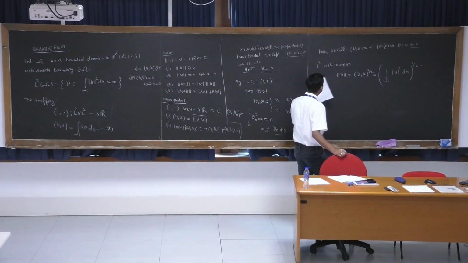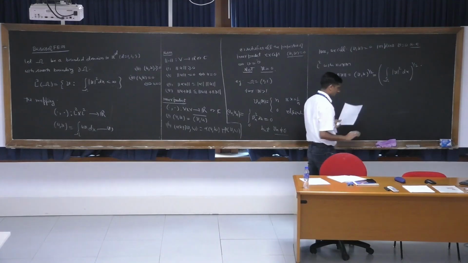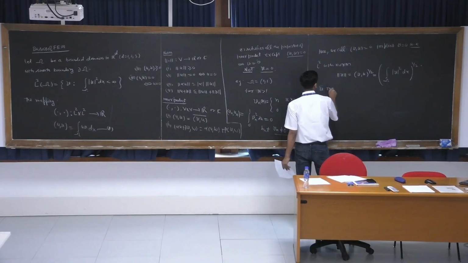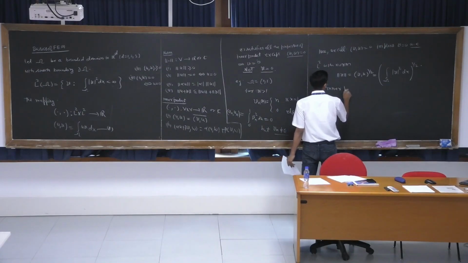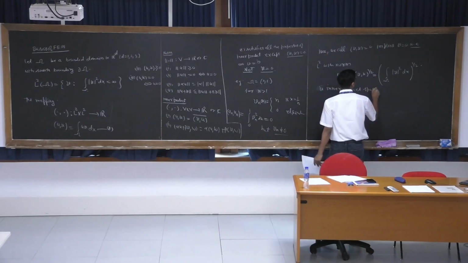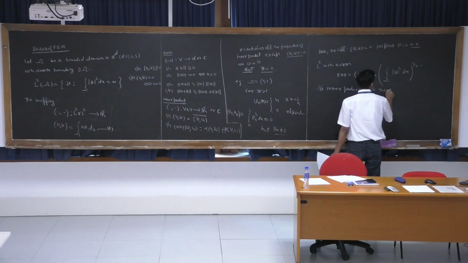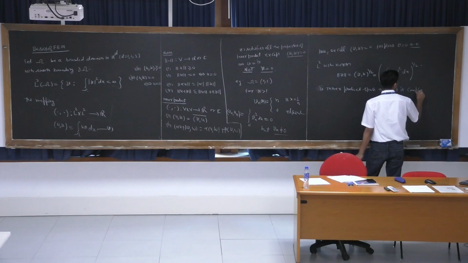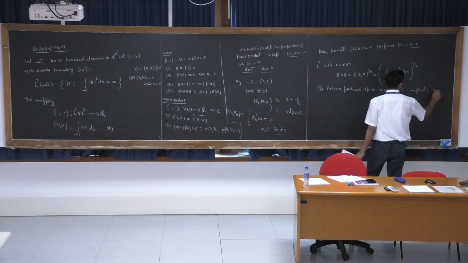Because first, with this norm, L2 is an inner product space, and then it is a complete inner product space.